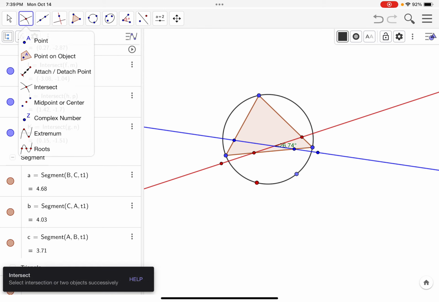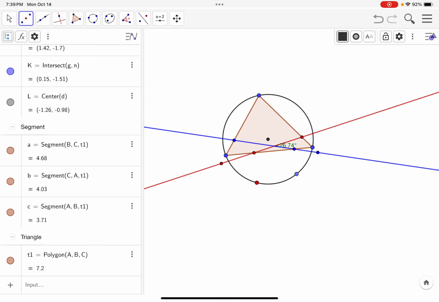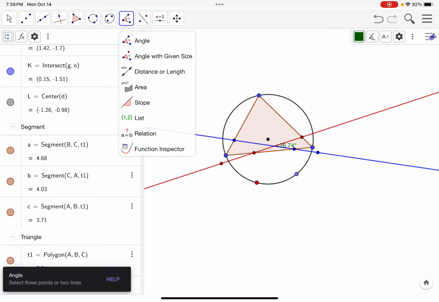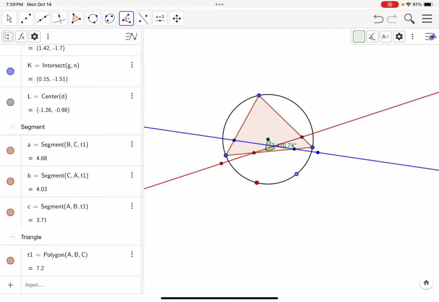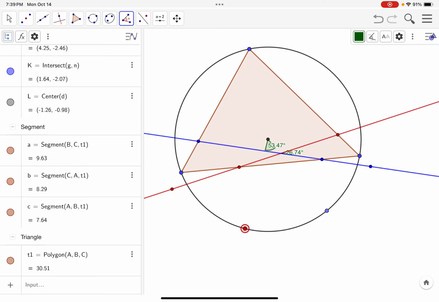So I'm going to go ahead and put the center of the circle in there, and I'm going to measure this angle. And what we should hope to see is that the angle between the two lines is exactly half the arc length of the circle, which is, of course, tied to the central angle of the circle.